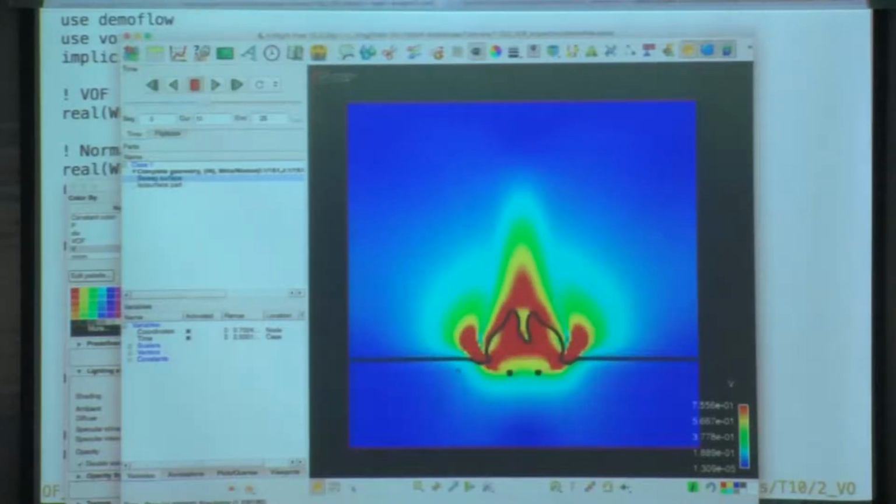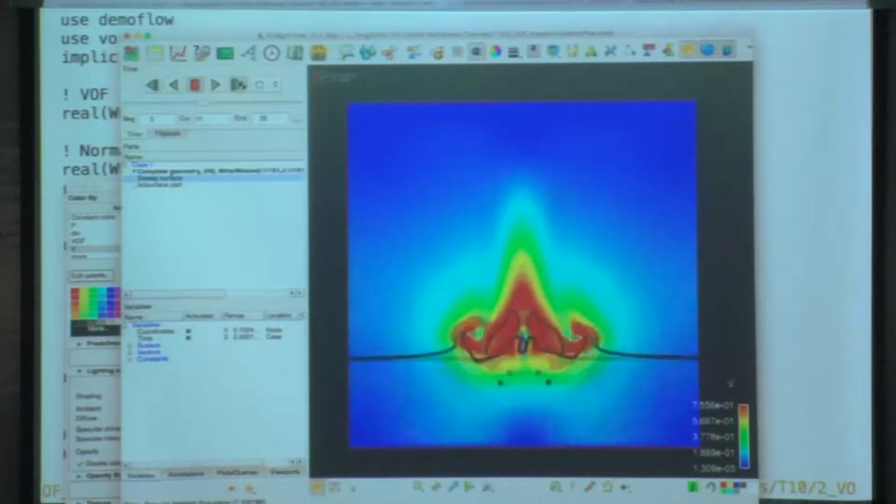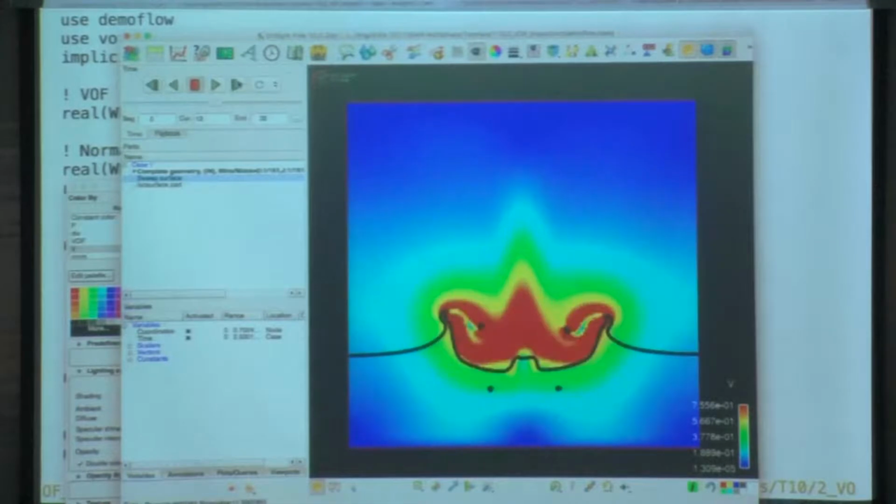Because we've created this high-speed gas jet from this region of emptying film, we end up generating a high curvature region, essentially two jets of liquids following this high-speed gas region, and those rise up into a crater.